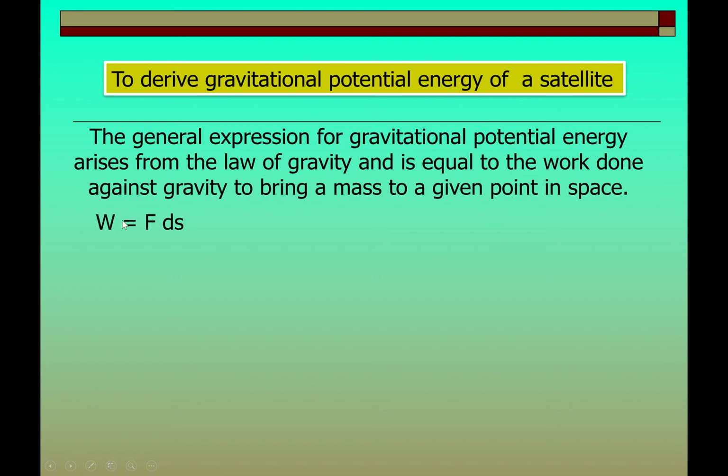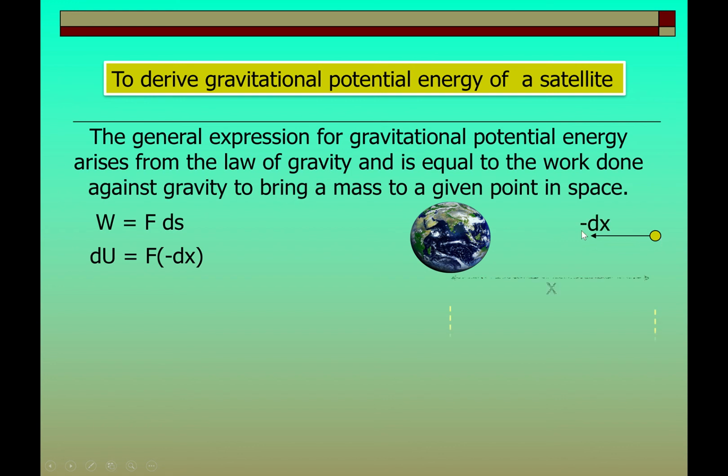From the definition of work, W equals F ds, so work equals the change in potential energy dU, which equals F dx. From the diagram here, the object is brought from infinity to a point P, where the distance of the object to the Earth is x, and the distance at point P to the Earth is r.